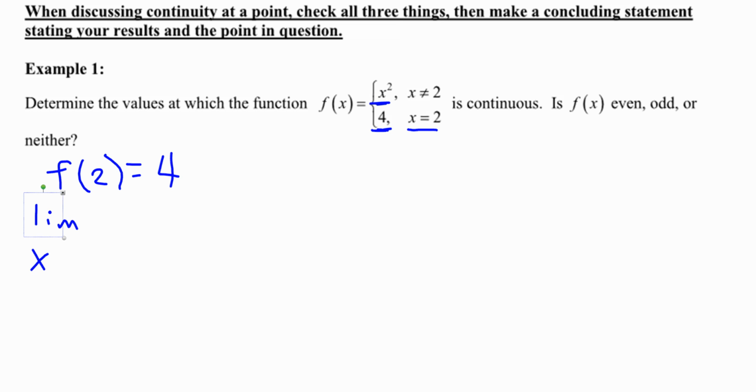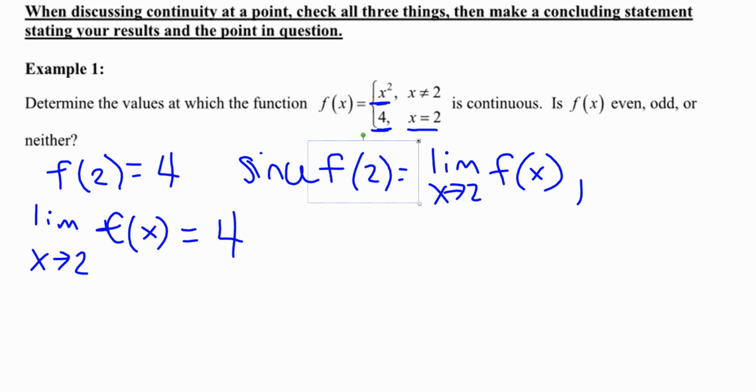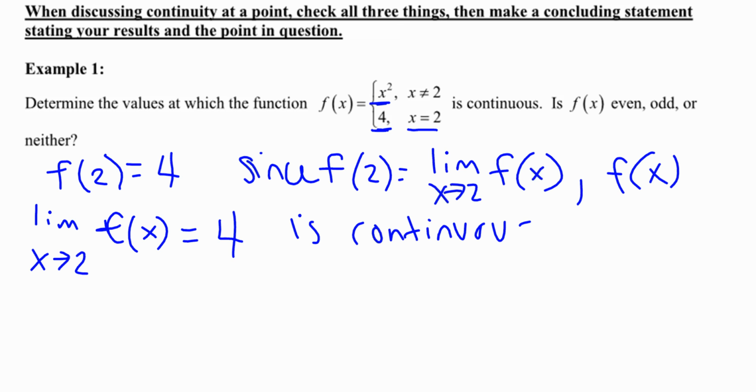The limit as x approaches 2, okay, from either side of f of x, plug 2 into x squared, that is 4. So since f of 2 equals the limit as x approaches 2 of f of x, since that is true, f of x is continuous for all x values.